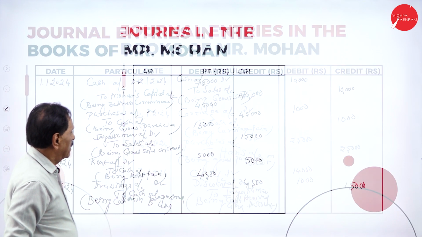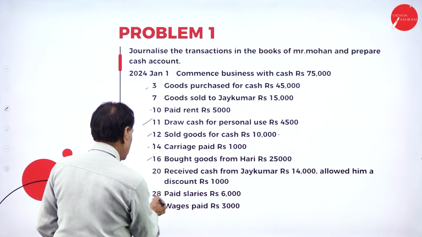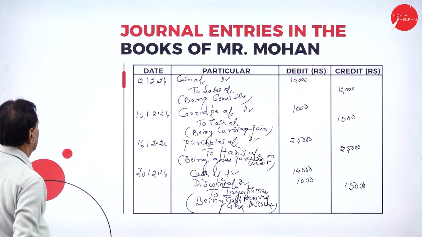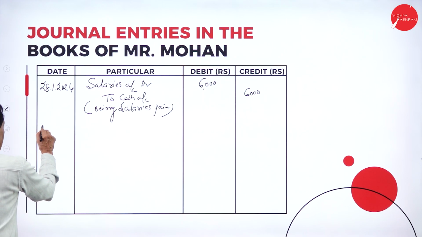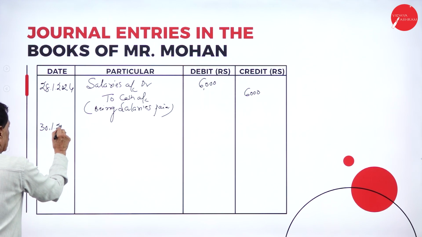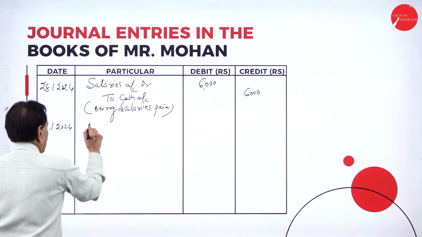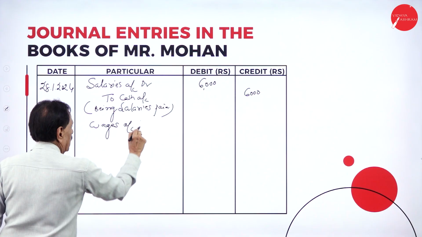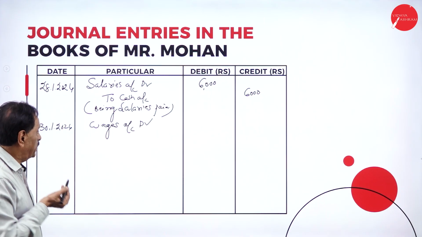Twentieth over. Last one, wages paid 3,000. On the 31st, wages account debit, we paid, cash is going out for the sake of wages.